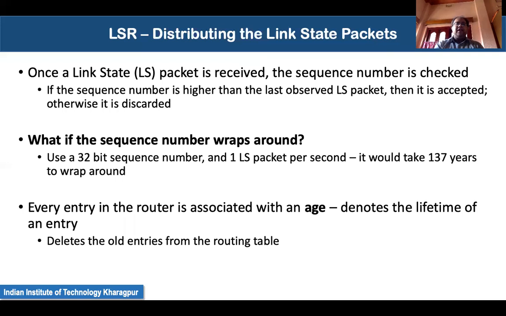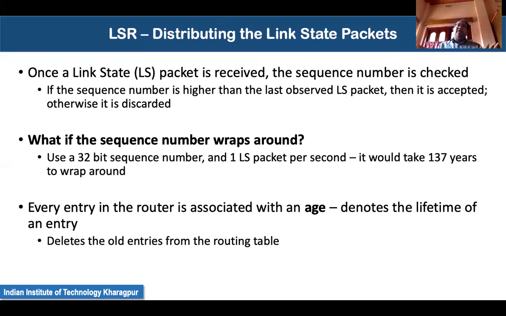Now, every entry in the router is associated with an age. It denotes the lifetime of an entry, as I was mentioning. It deletes the old entries from the routing table, so once that age expires, it deletes that entry. That's why you need to periodically broadcast this link state packet to ensure that the network is live.